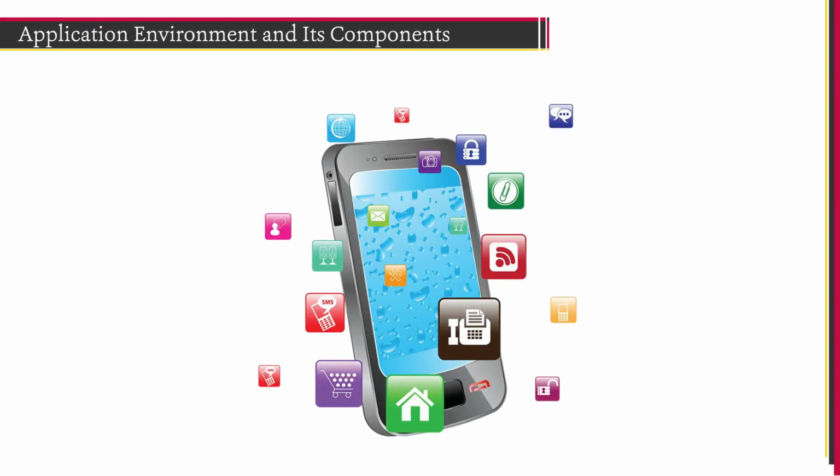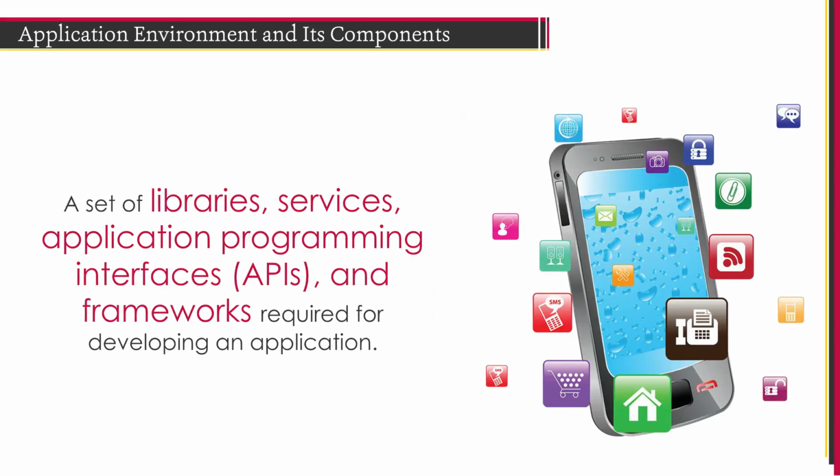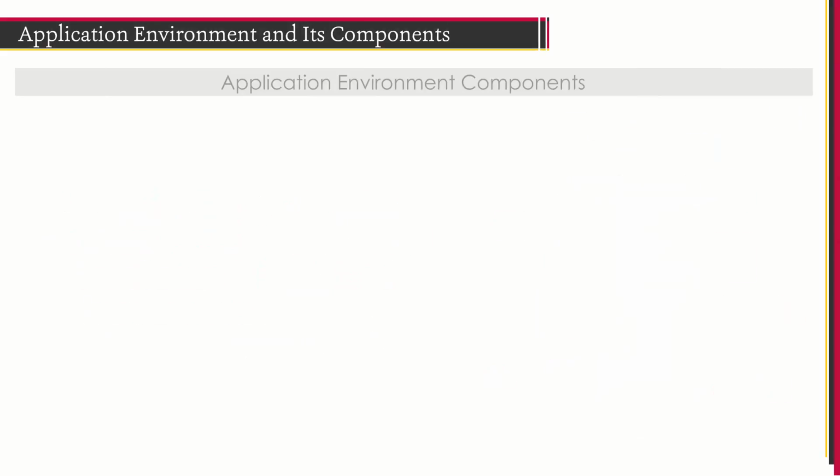Developing a mobile application requires some tools. So, the first step towards developing a mobile application is to understand these tools. An application environment is a set of libraries, services, application programming interfaces, APIs, and frameworks required for developing an application.